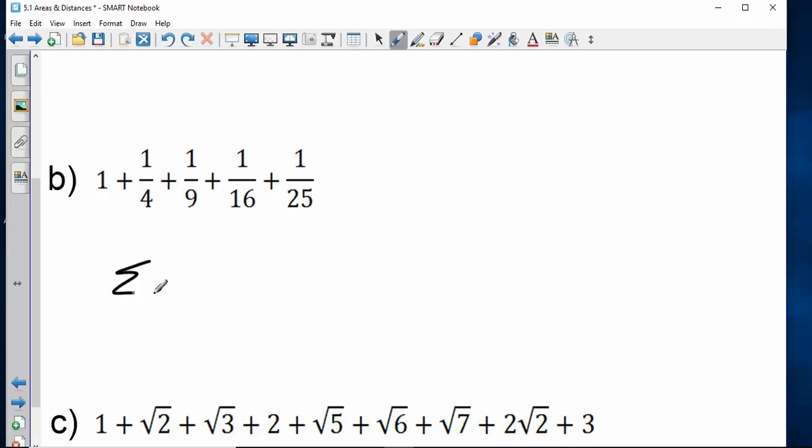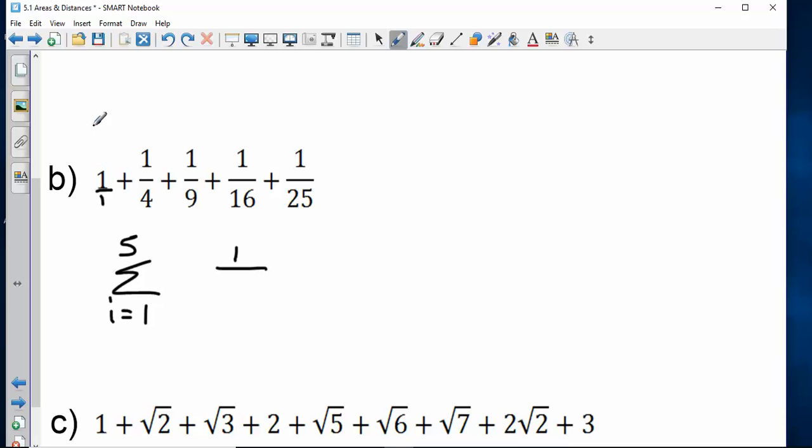B. Sum from I equals 1. How many total terms do we have here? 5. So sum from 1 to 5. Okay, these are all fractions except the first one. But 1, I could think of that as 1 over 1. So could I say all of these will be 1 over something?